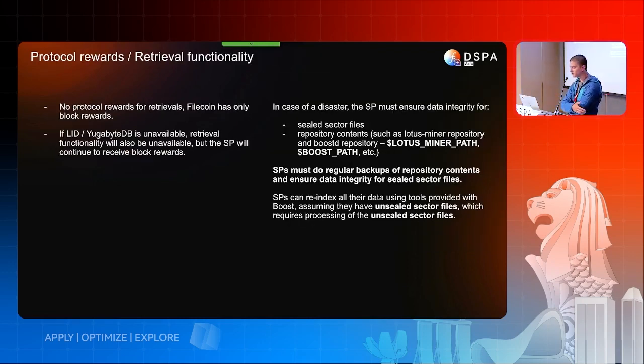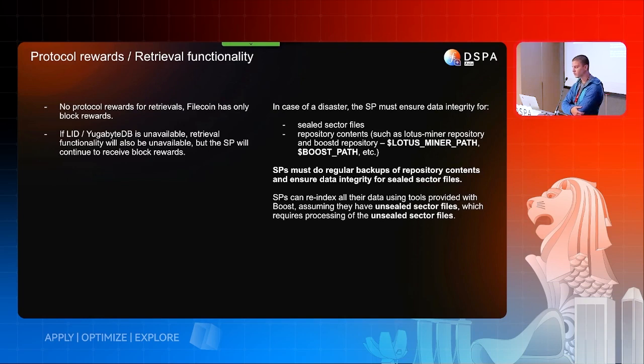Last but not least, I want to cover the protocol rewards and the way we think about data integrity in the Boost team. So as everyone here knows, there are no protocol rewards for retrievals. Filecoin only has the block rewards as protocol incentive. So if the local index directory or Yugabyte is unavailable, obviously retrieval functionality is not going to be available.